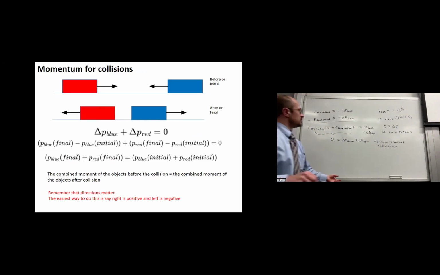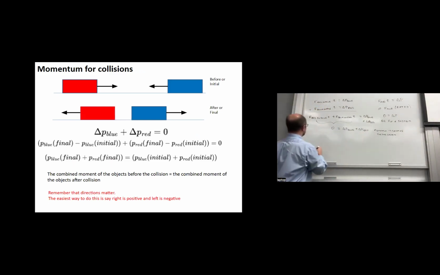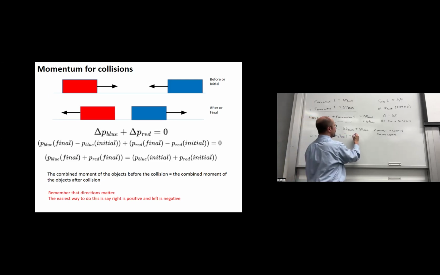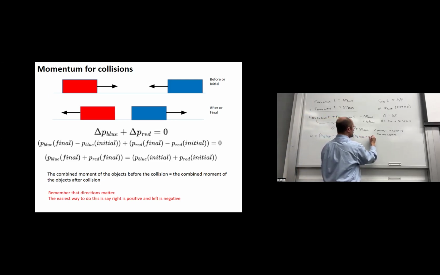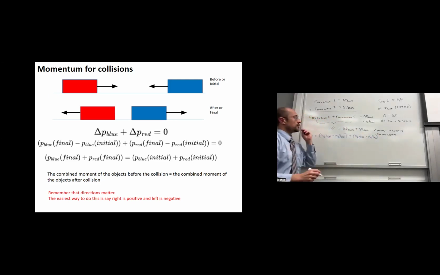So what you can do next is you can take this equation and say the following. 0 is equal to mass of the blue, velocity of the blue final, minus mass of the blue, velocity of the blue initial. That's the change in momentum of the blue, plus the mass of the red, velocity of the red final minus mass of the red, velocity of the red initial, the change in momentum of the red.